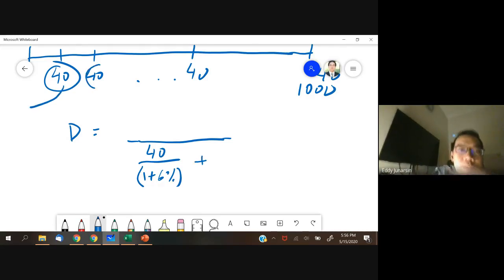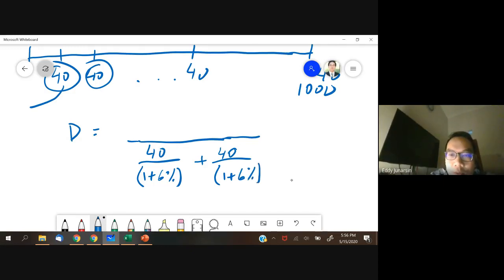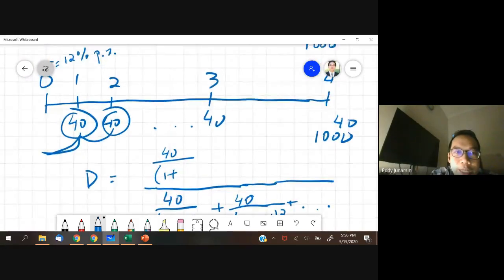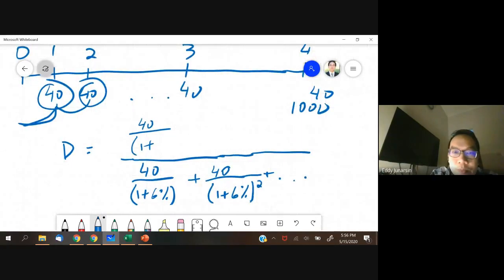And then the second one, 1 plus 12% divided by 2 to the power of 2, right? 2 times here, 1, 2. And yes, till the last one. What about the numerator? 40 divided by 1 plus market rate divided by 2.